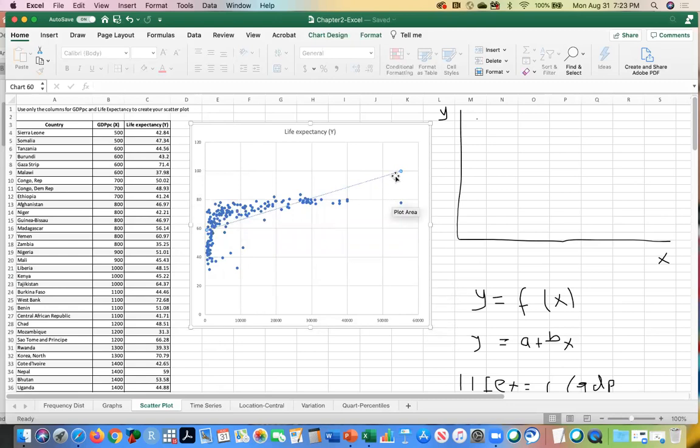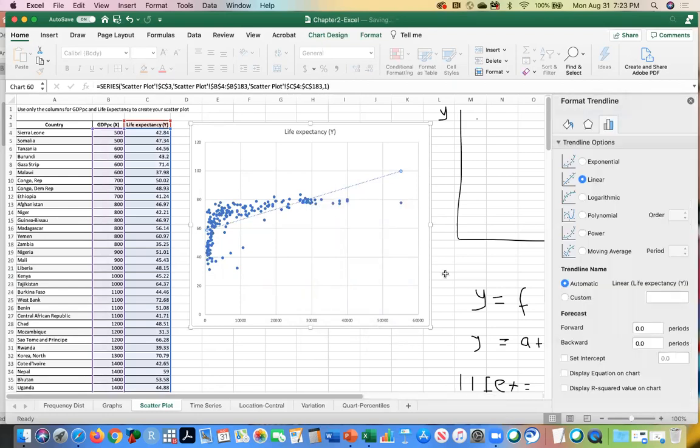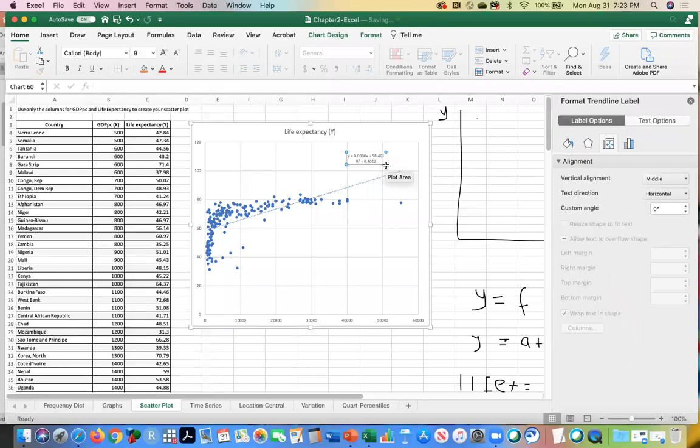We can write even an equation for this. When I added the trend line, I forgot to ask Excel, if you can see at the bottom, to display the equation and display the R squared value on the chart. Keep an eye on these two things because we're gonna use them very much in the next couple of days.